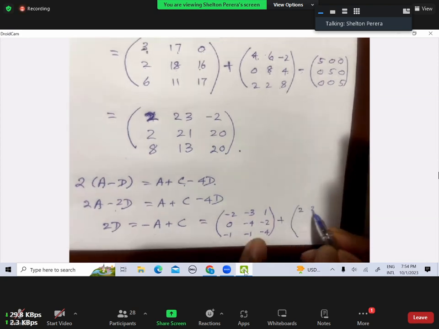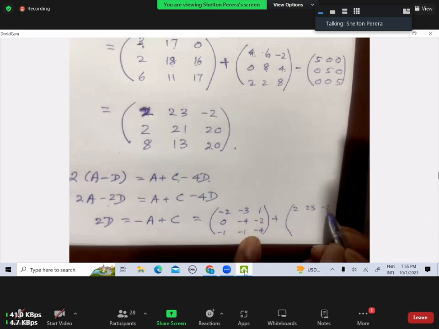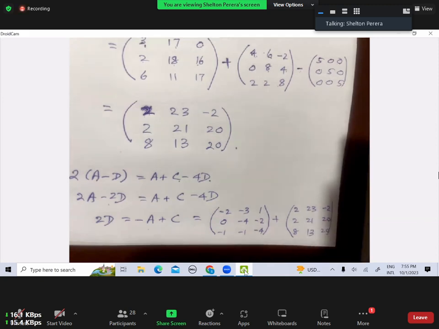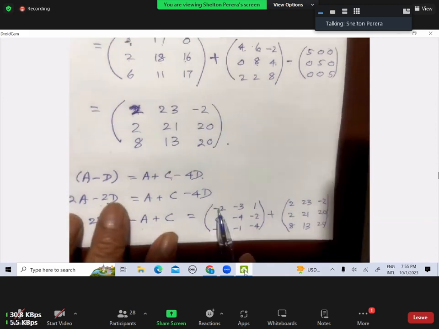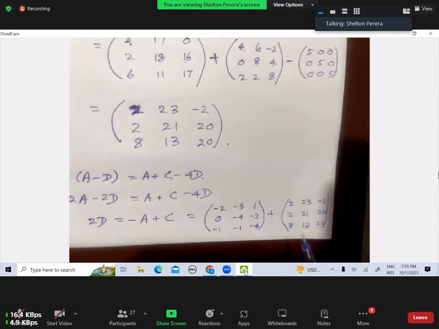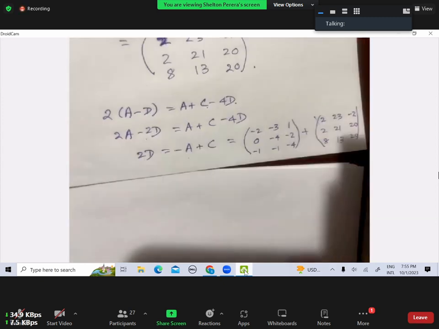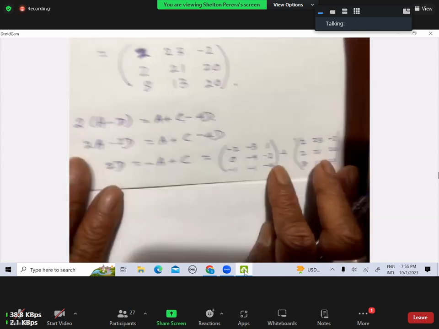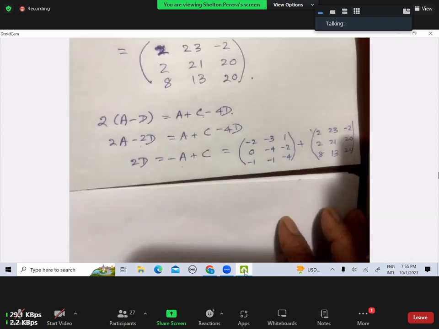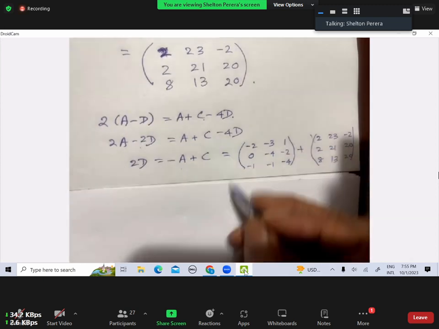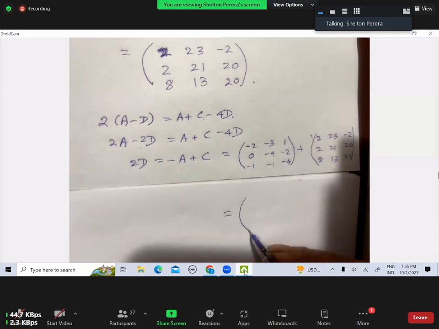Now you all can do it, no? C is 2, 23, 2, 21, 20, 8, 13, 20. Now just add them. We will do it properly, otherwise you will get confused. Equals negative 2 plus 2, 0.